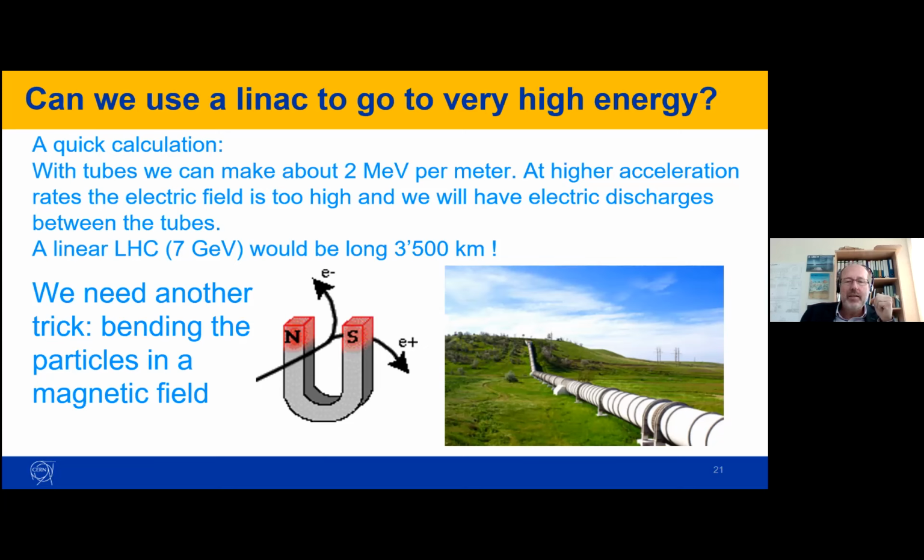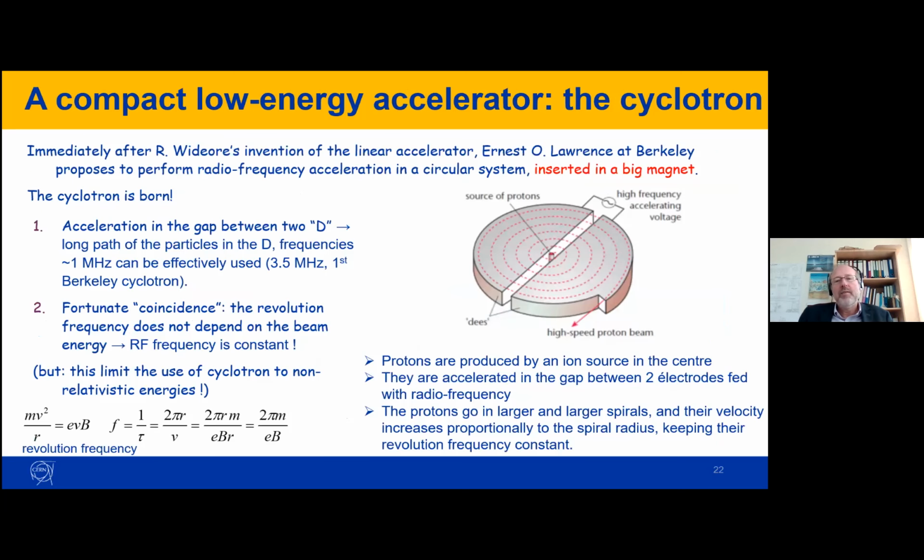So we need to bend the particles in a magnetic field. And the first who tried to do this was Ernest Lawrence, who invented the first circular accelerator, which is the cyclotron.